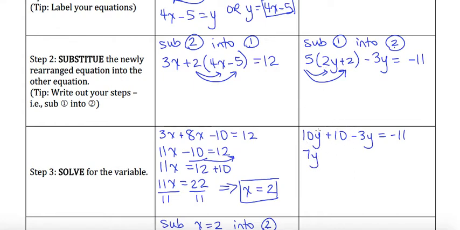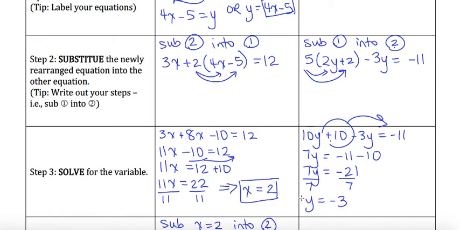And we're going to move over our 10 at the same time. So the opposite of adding 10 is subtracting 10. So it's negative 11 take away 10. So 7y is equal to negative 21. Now we divide both sides by 7, the coefficient in front of your y. 7 divided by 7 is 1, so 1y, and negative 21 divided by 7 is negative 3.